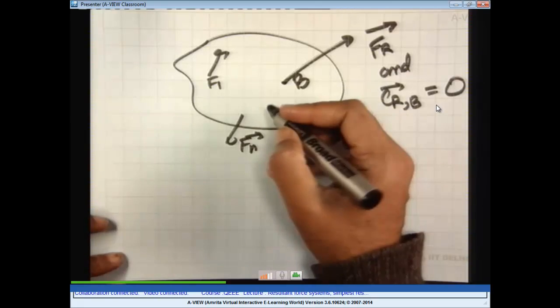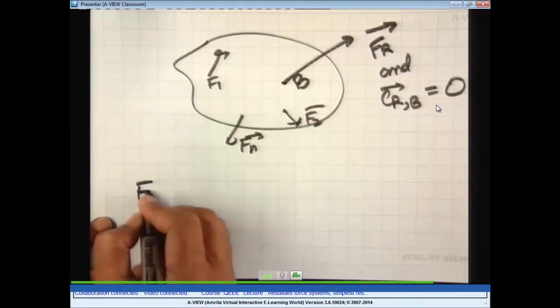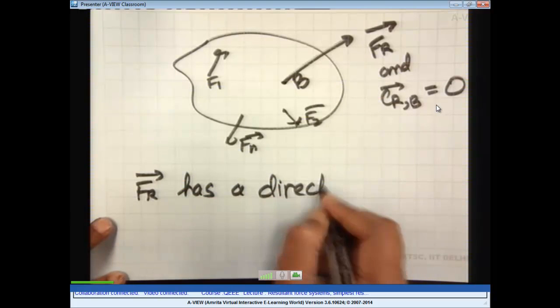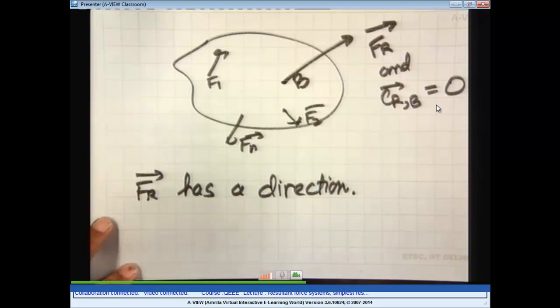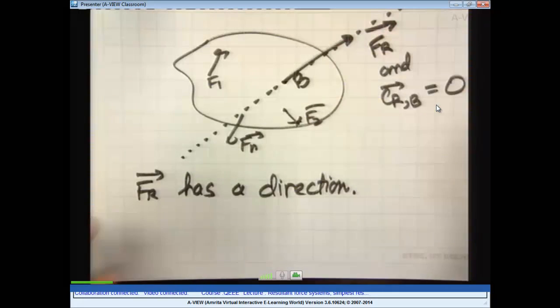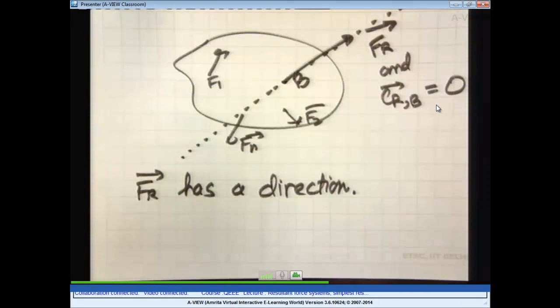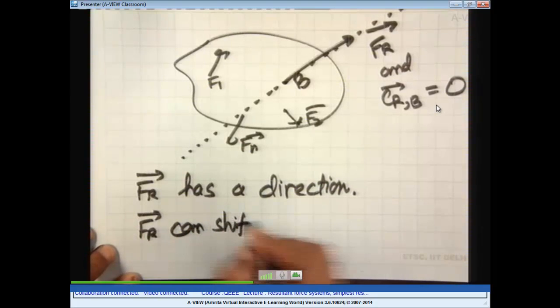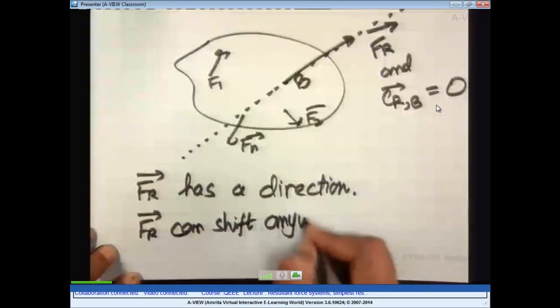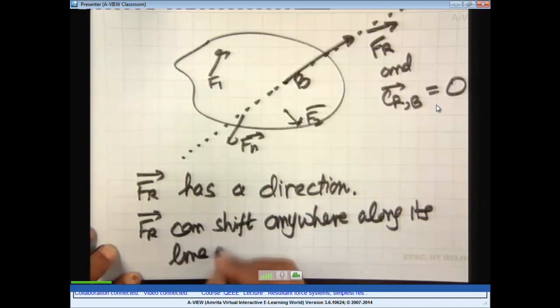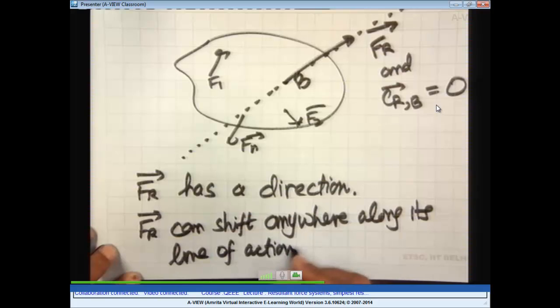Now notice this Fr has a direction, and Fr can shift anywhere along its direction, along its line of action. So in this terms, the point B is not unique.